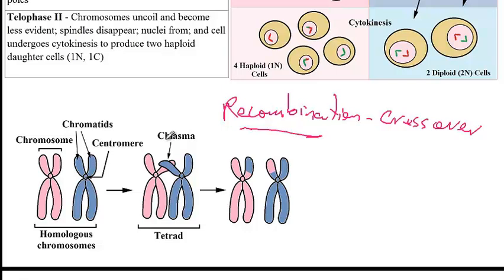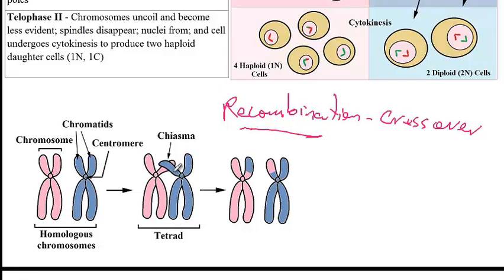And the term chiasma refers to the site where the chromosomes exchange their genetic material during recombination. So here you can see that we have one blue chromosome. The two sister chromatids are attached to each other by a centromere. And then we have another homologous chromosome right here with two sister chromatids again attached to each other by a centromere.